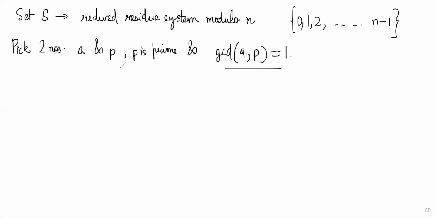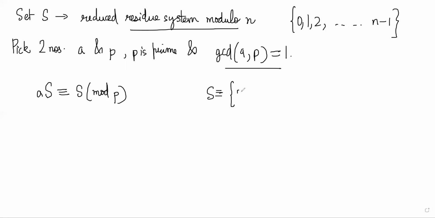A and P are co-prime, P is prime. What you want to prove here is A times S is congruent to S mod P, where S is the reduced residue system modulo P, the set 0, 1, 2 till P minus 1.